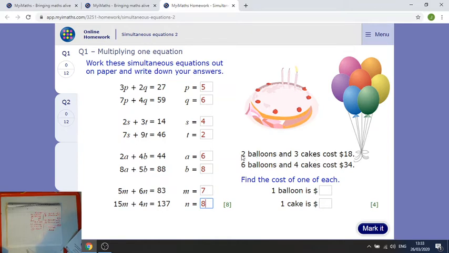So 2 times the cost of a balloon plus 3 times the cost of a cake makes $18. 2B plus 3C equals 18. And then the second piece of information, 6 balloons and 4 cakes cost $34. 6B plus 4C equals 34.